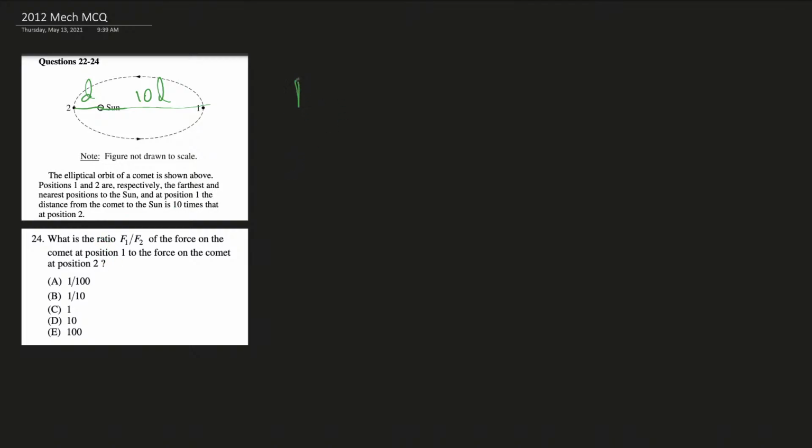You just have to take the force of gravity at position 1 and 2. So the force of gravity at position 1 is G M1 M2, or the mass of the sun, right? You have that over, and we can just call this m, and the mass of the sun. So we have m and the mass of the sun over r squared.